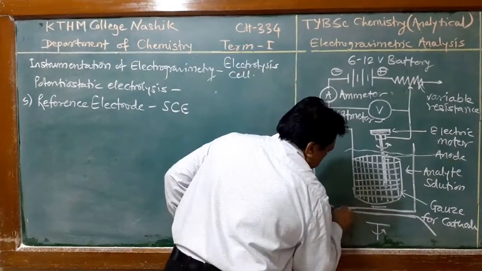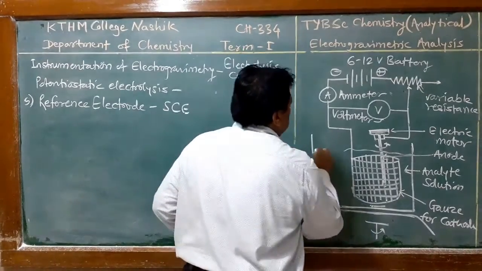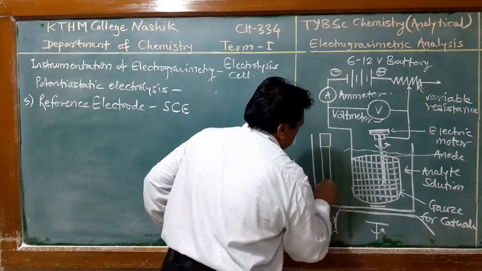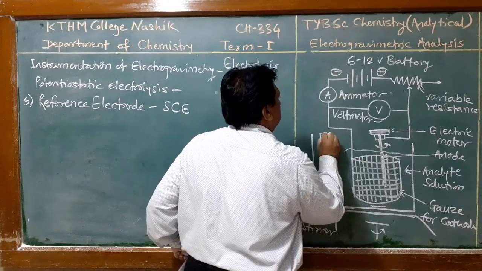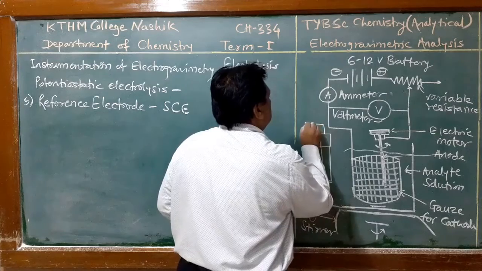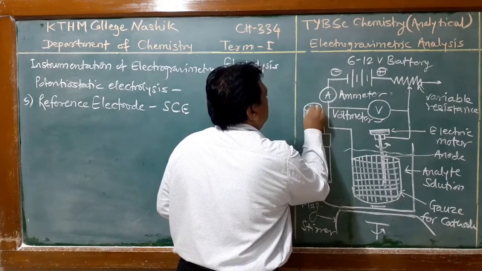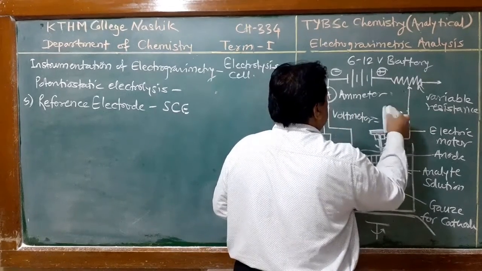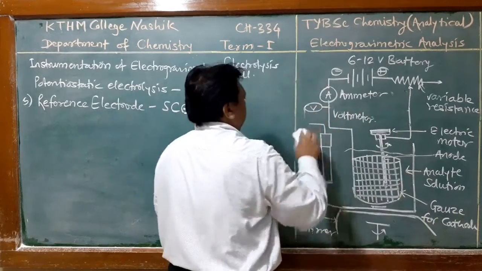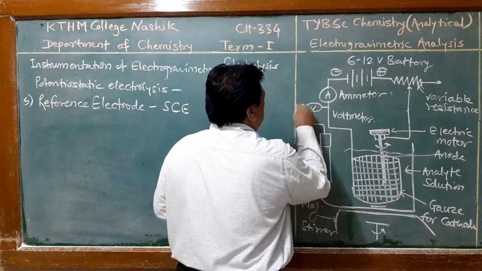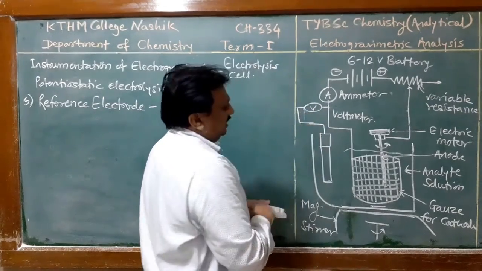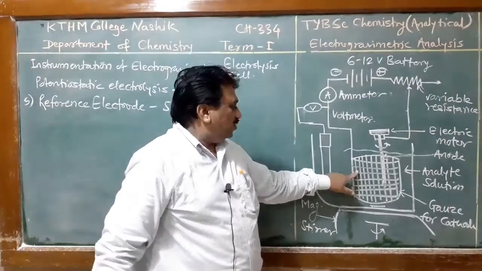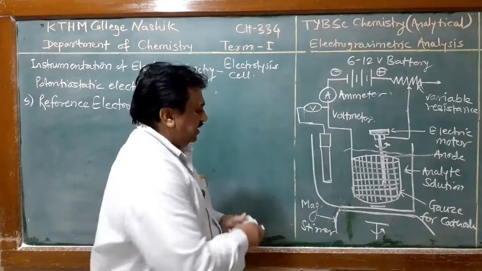This is a beaker, and this is a saturated calomel electrode, which is connected through a voltmeter to the working electrode. The voltmeter is connected in between the working electrode, meaning the cathode, and the reference electrode.